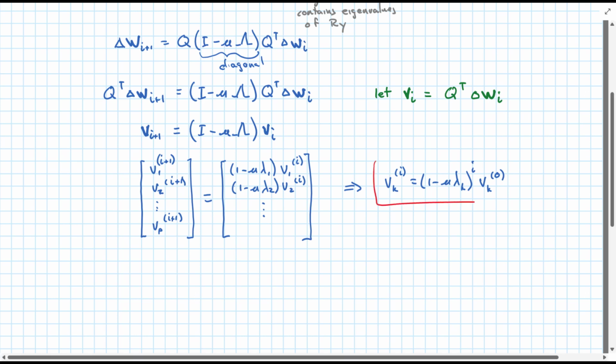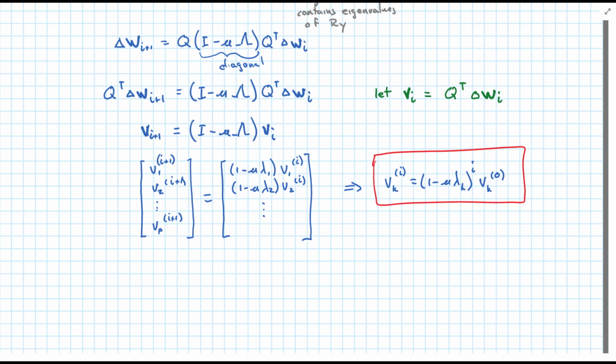So now we have each and every component of this we want to go to 0. So as i increases, 1 minus mu lambda k to the i should go to 0.